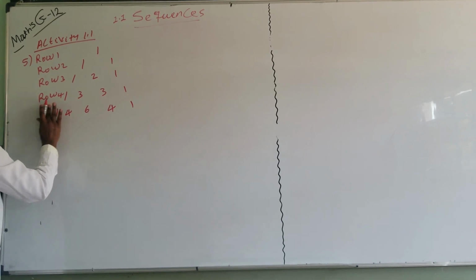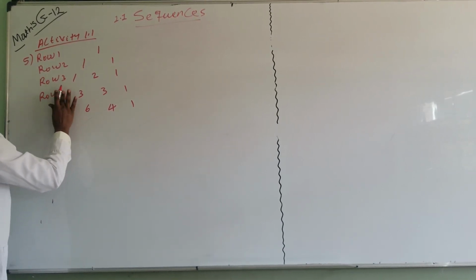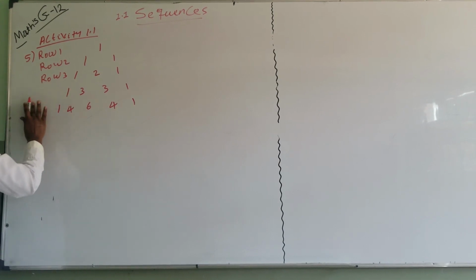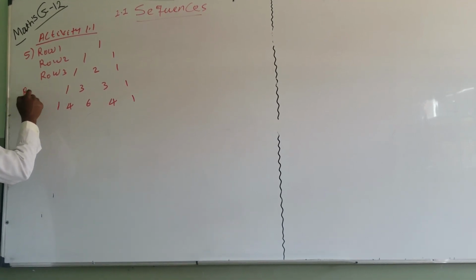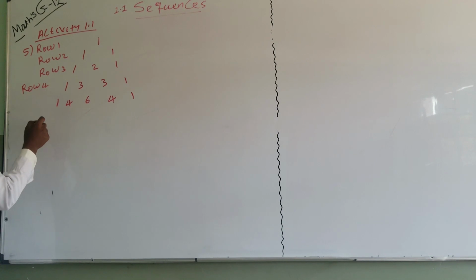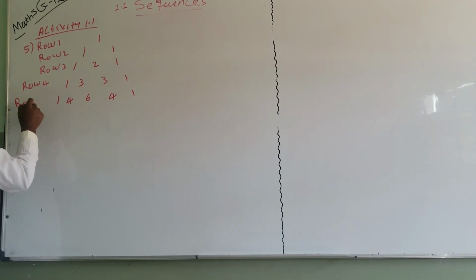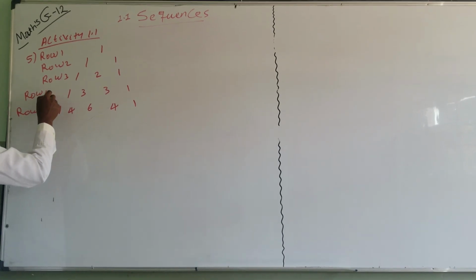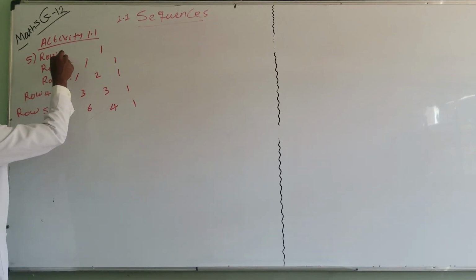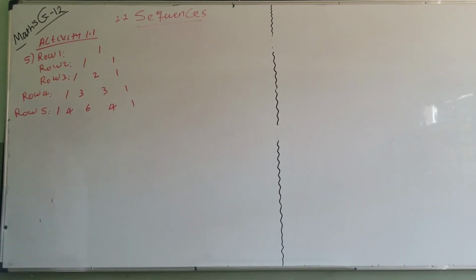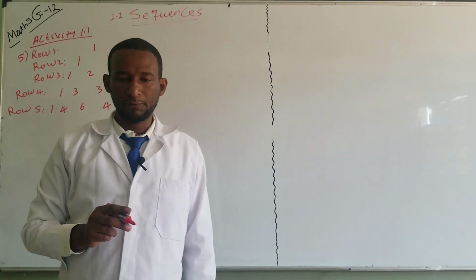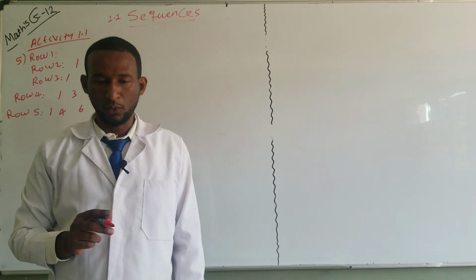Don't confuse this with the Pascal triangle numbers. Then let f of n be the sum of the numbers in the nth row.